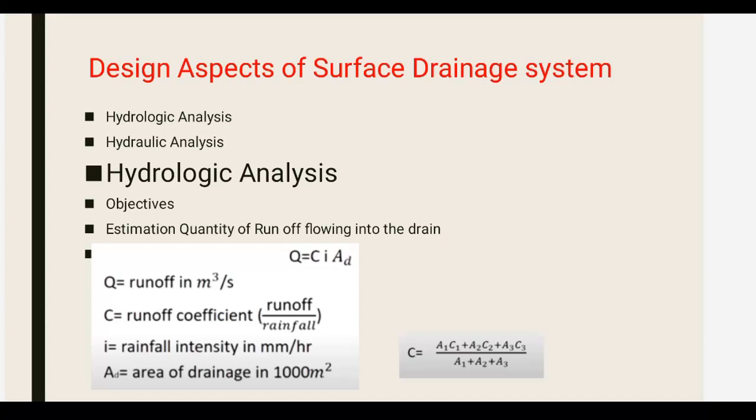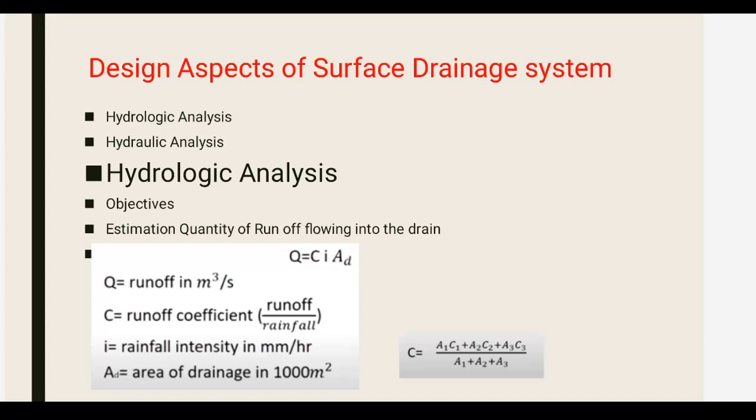The portion of precipitation during the rainfall infiltrates and is found as groundwater, and a small portion gets evaporated. The remaining portion of water which flows over the surface is termed as runoff.